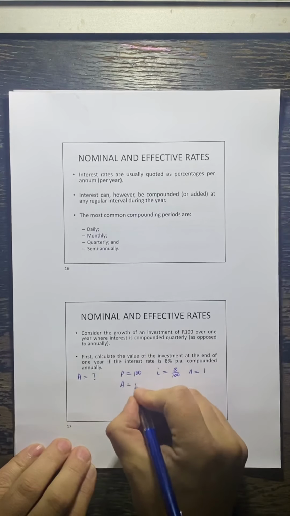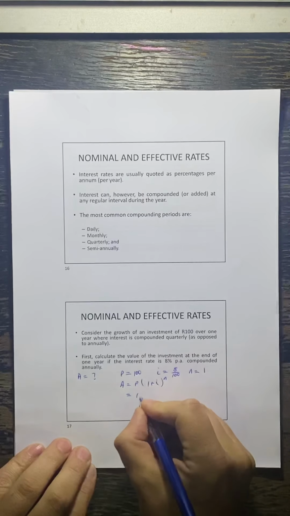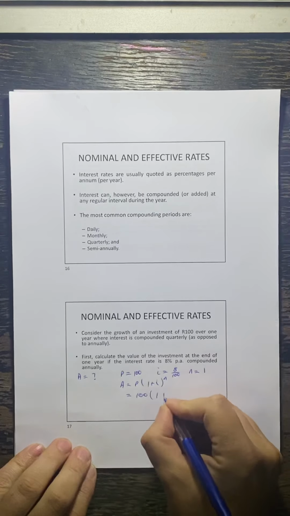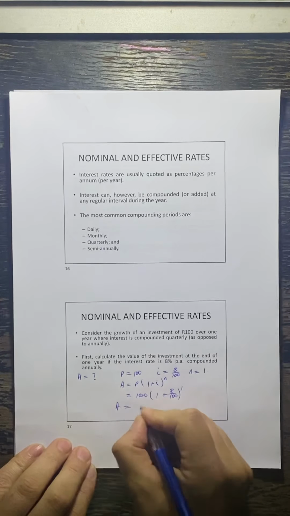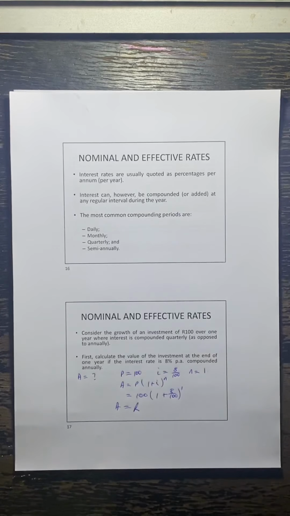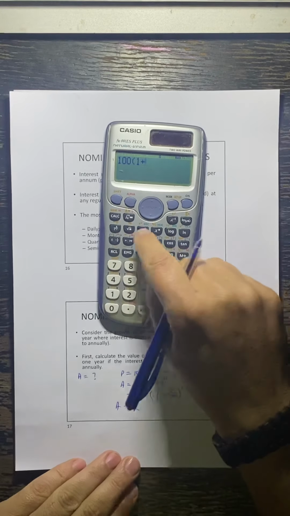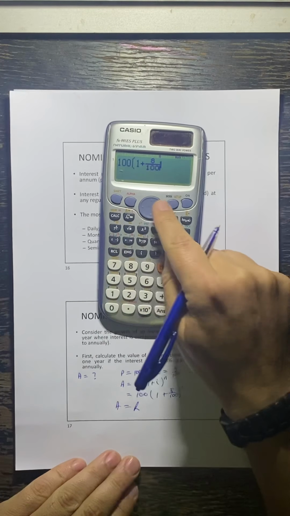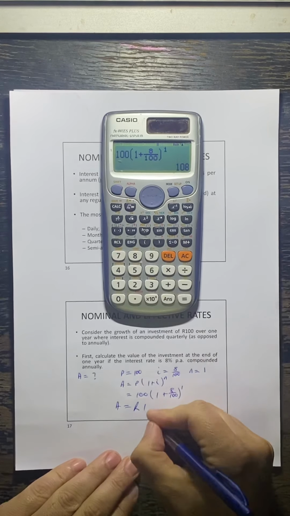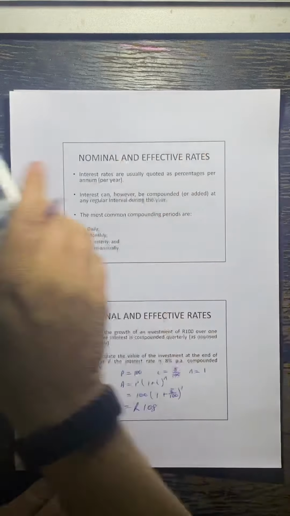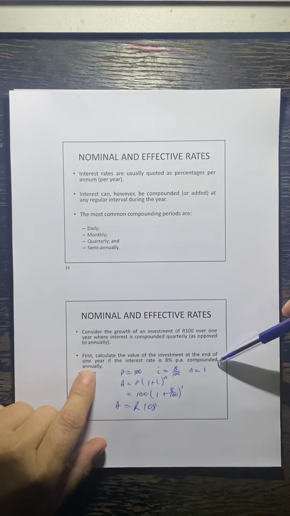So A is equal to P times (1 plus I) to the power of N. And we get 100 times (1 plus 8 over 100) to the power of 1. So normally we would get 108 Rand after the first year. Now, what I want you to notice here is that it's just compounded annually.